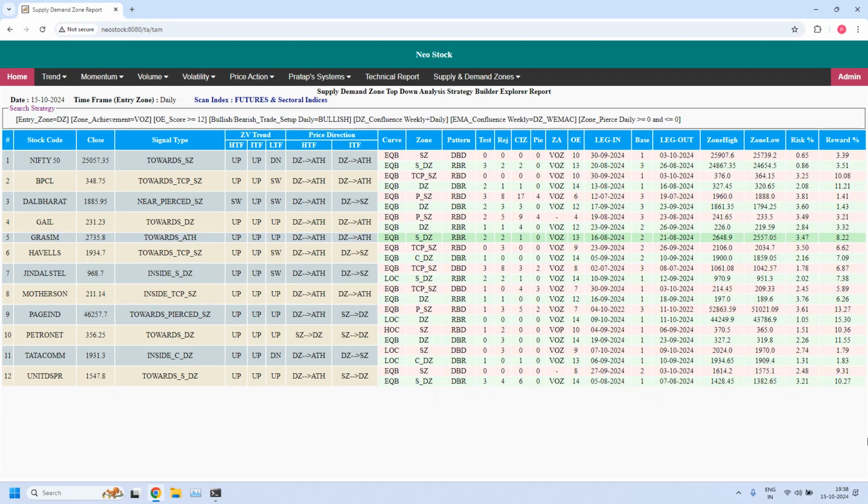Let's verify. So from 16, 12 stocks are filtered. All these 12 stocks are having ITF confluence, that is daily zone is part of weekly zone and weekly zone trend is uptrend, and also weekly demand zone is having weekly EMA confluence.